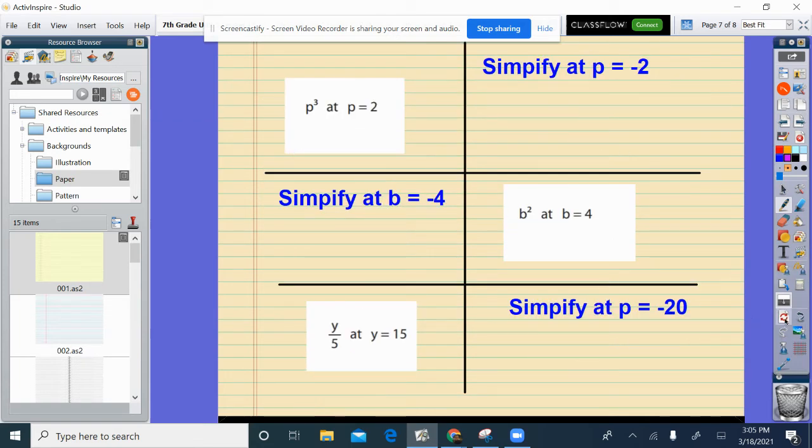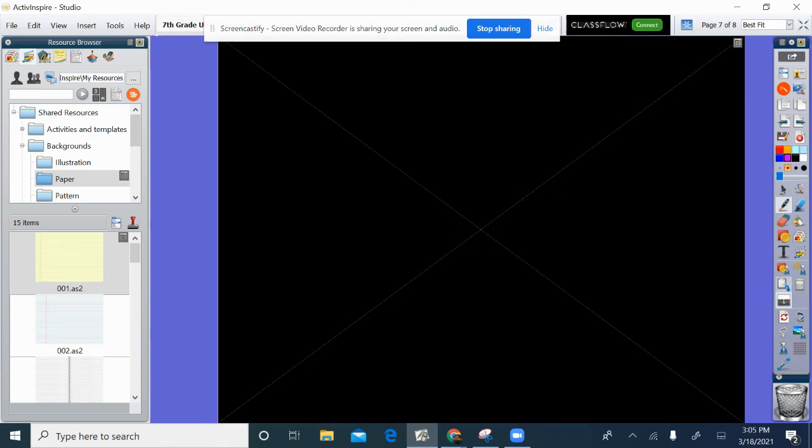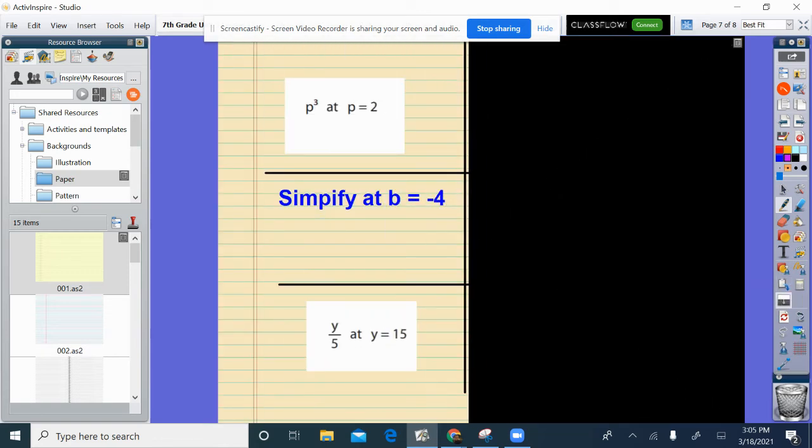Here we go. All right, let me get this one here. Okay, so here on these, I'm going to go left to right now. So p to the third power, or p cubed, where p equals 2. Well, let's talk about exponents for a minute. When you have this exponent up here, that means how many times p, this unknown number, this variable, is multiplied by itself.